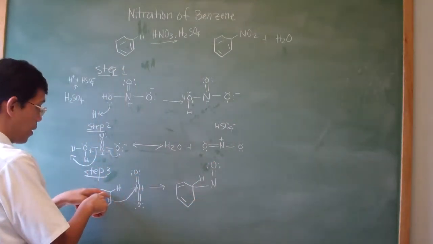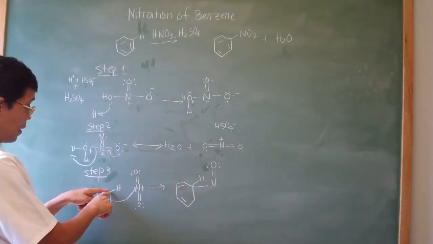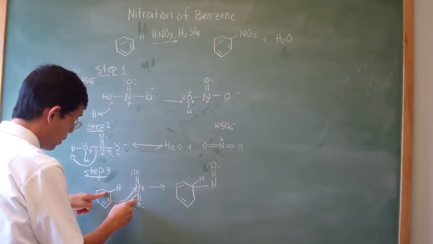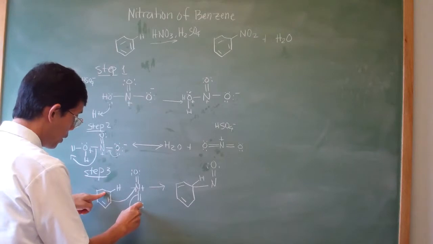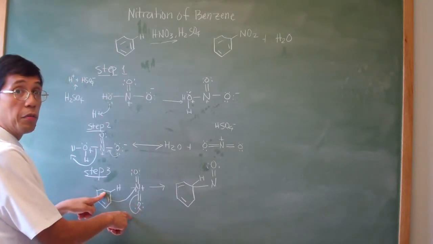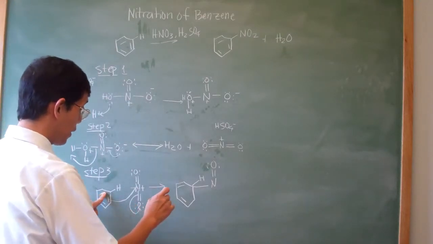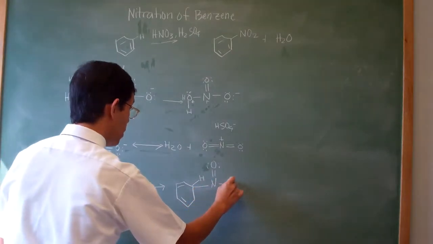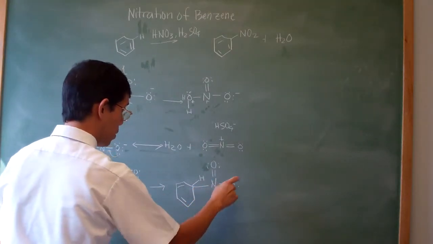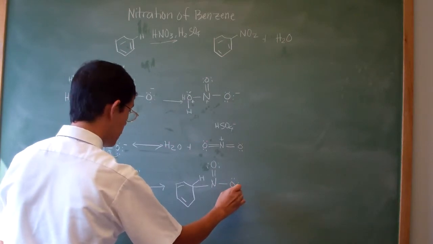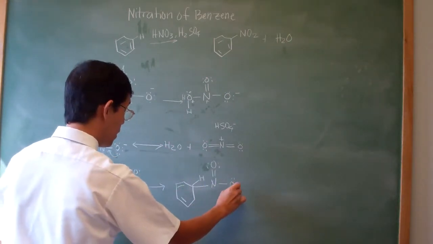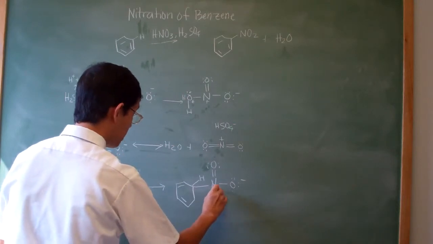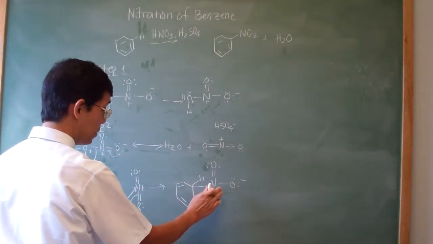N, double bond O. Since you are creating a bond between that carbon and that nitrogen, this is going to have to go to that oxygen as a 3rd lone pair of electrons. So O, three lone pairs. You have a minus there, and you have a plus there. Hold on.